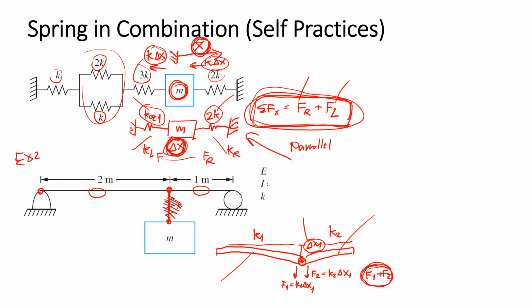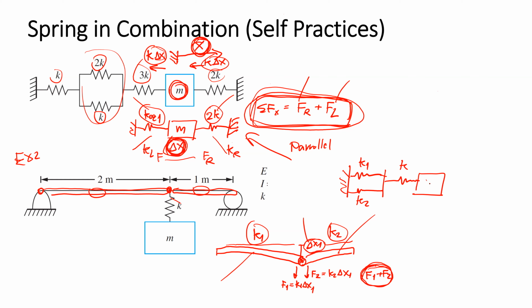So now, if we only consider the beam on the left and on the right hand side, these two springs are connected with each other in parallel arrangement, and we have K1 and K2 in parallel, and then we have another K, and we have the total displacement.